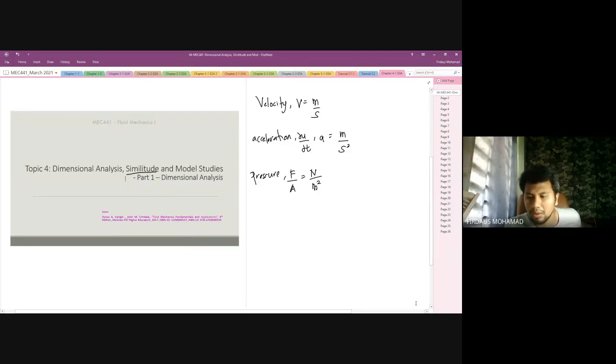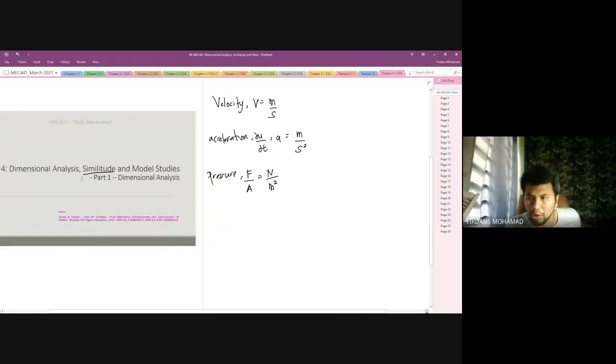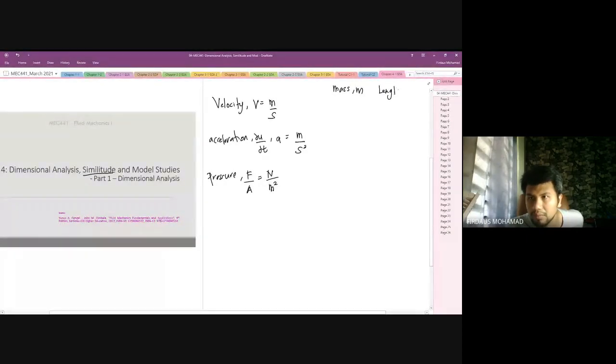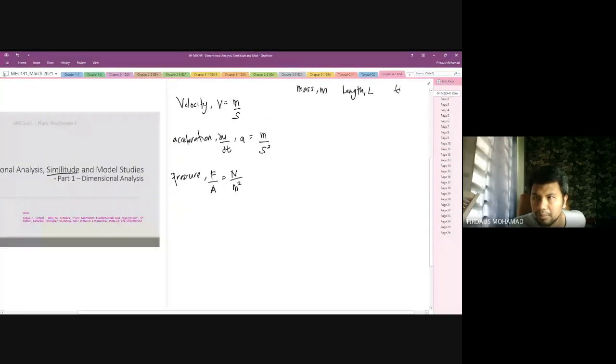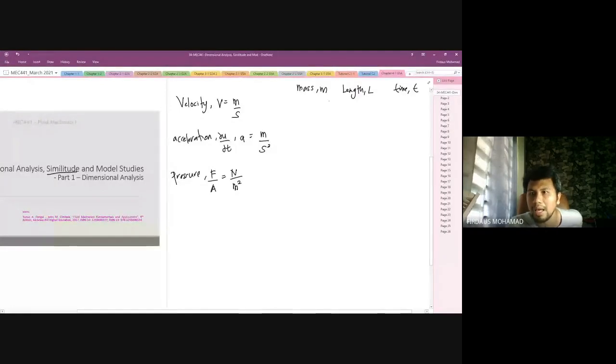For the similitude study, we use the units of mass, length, and time. We use MLT: mass, length, and also time.